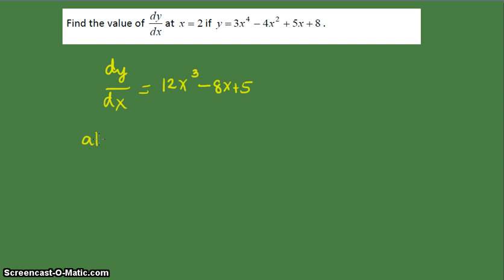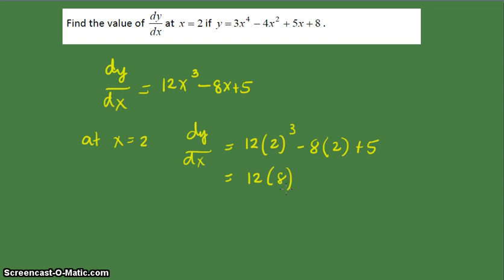So at x equals 2, dy over dx is equal to 12 times 2 cubed minus 8 times 2 plus 5. 12 times 8 minus 16 plus 5.